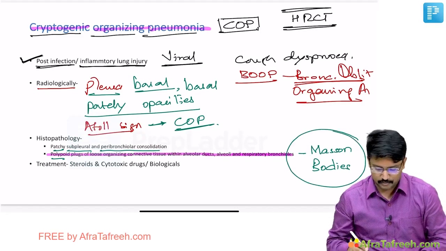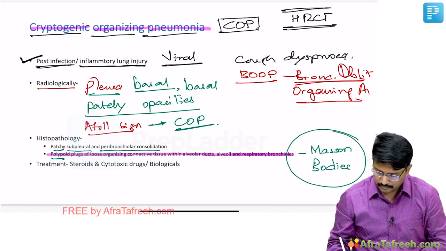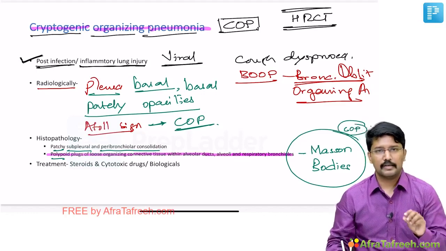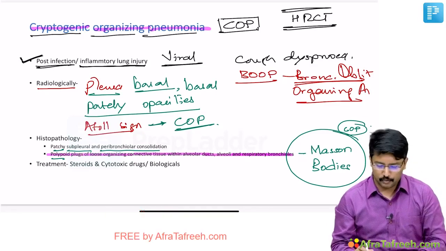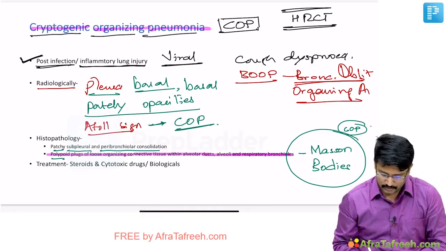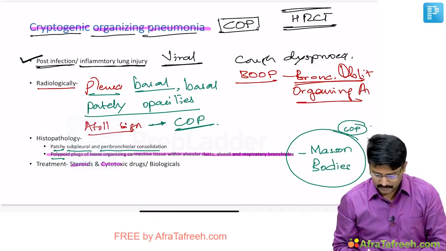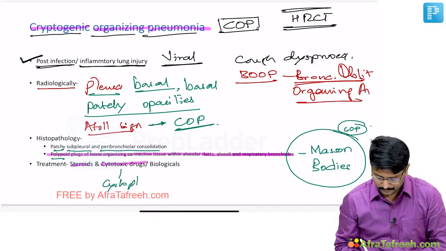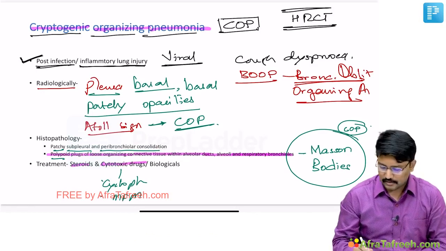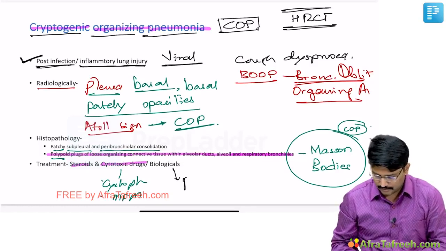So the presence of Masson bodies is the histological hallmark of cryptogenic organizing pneumonia. COP again has relatively good prognosis, and they respond well to steroids, cytotoxic drugs like cyclophosphamide and mycophenolate mofetil, and even certain newer biologicals like rituximab.